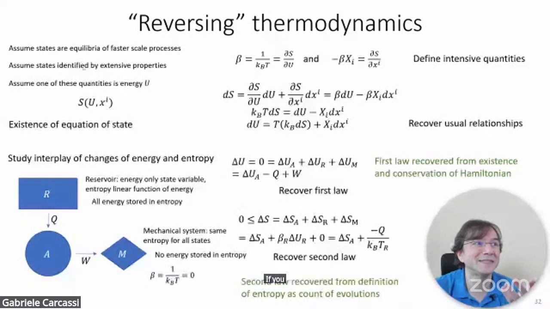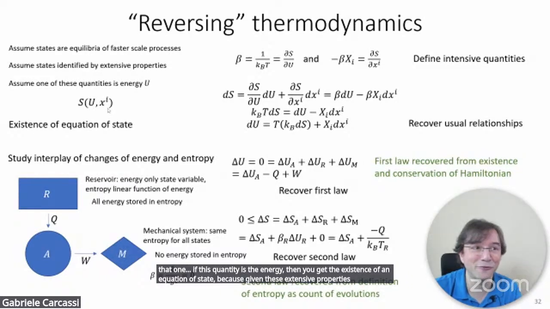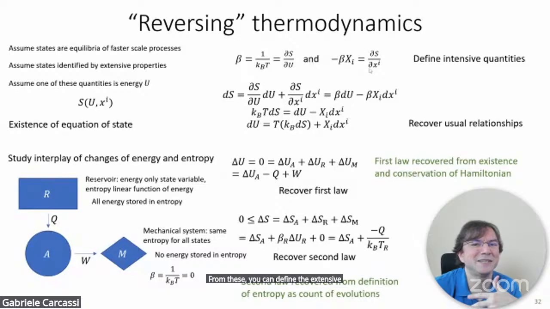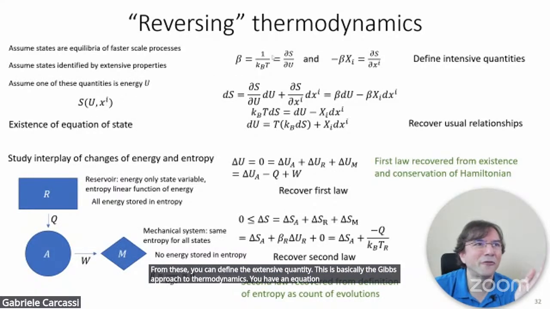If you assume that states are identified by extensive properties, and that one of these quantities is the energy, then you get the existence of an equation of state, because given these extensive properties that fully define the state, you need to have an entropy, because these states are actually equilibria. From these, you can define the intensive quantities. This is basically the Gibbs approach to thermodynamics. You have an equation of state in entropic form, you define the intensive quantities, and then you can define your differentials, and you can recover your usual relationships.